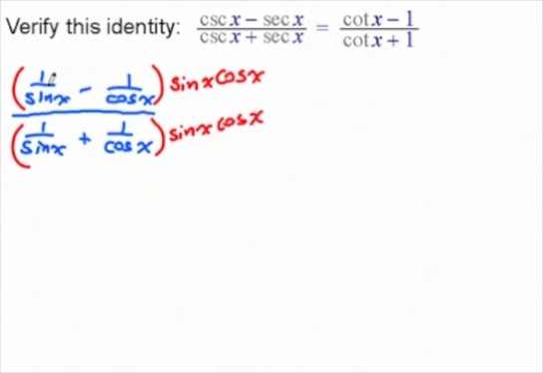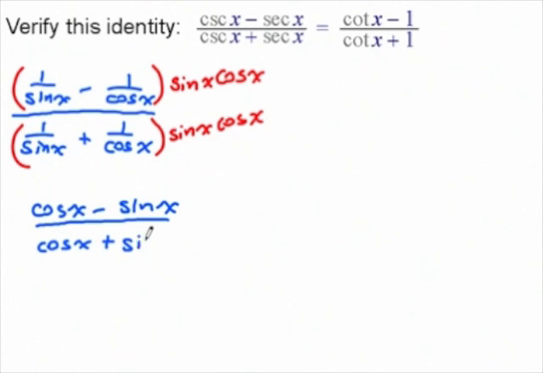And when we distribute it through the top, we're going to get the sines canceling and then 1 times cosine, so we're going to have cosine of x minus, here the cosines are going to cancel, we're going to have sine of x, all over, the sine of x's will cancel, we'll have cosine of x plus, here the cosines will cancel and we'll have sine of x. And no, the sines and cosines don't cancel, there's this plus and minus thing going on. Well, that's not what I want.